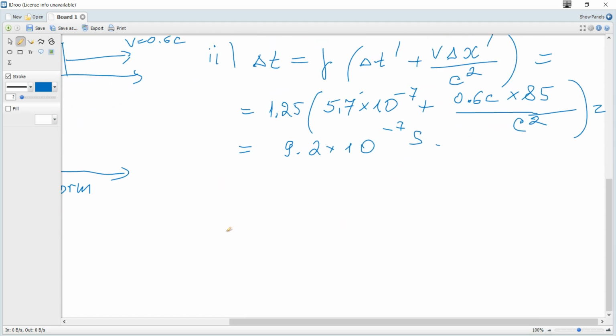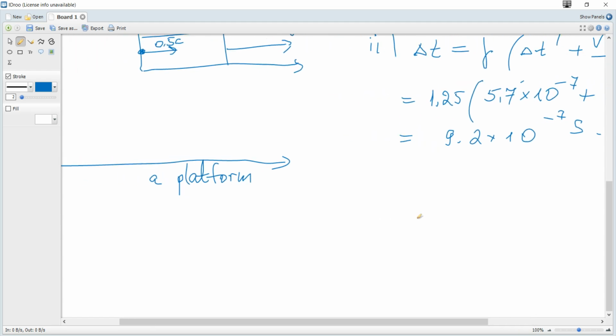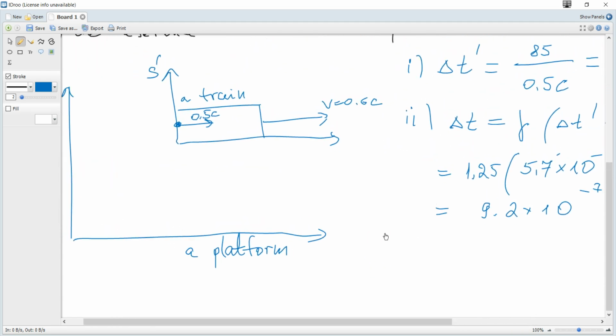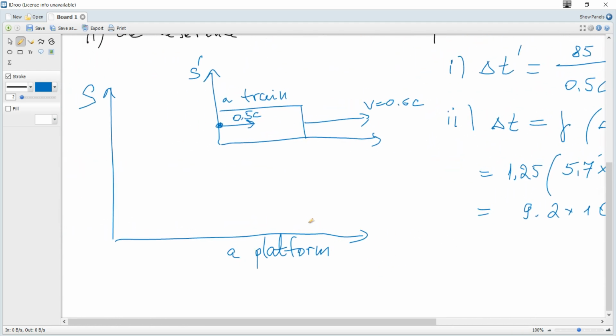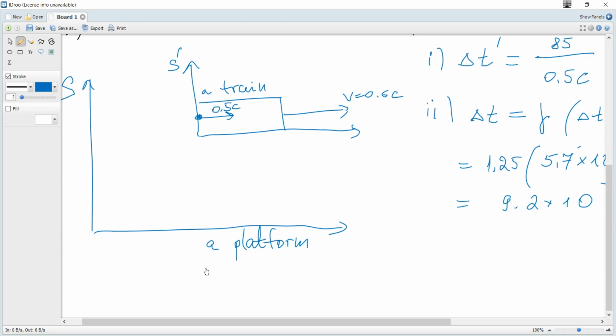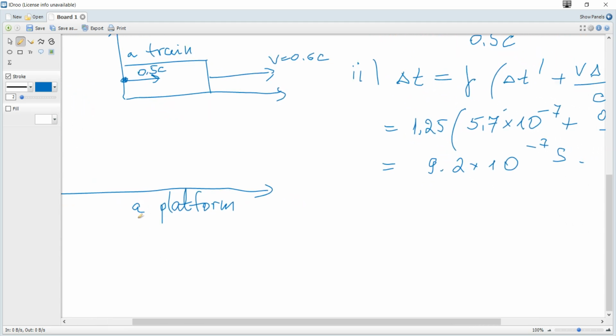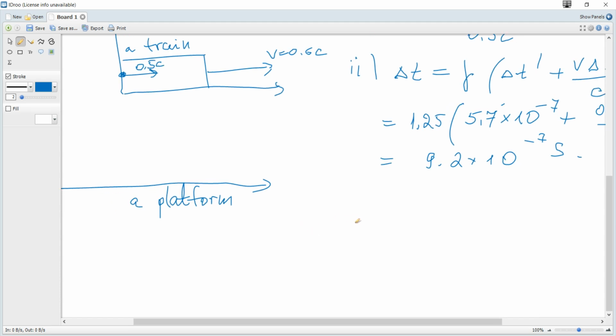The second method. For this we need the speed of the ball relative to the platform, and we use the special relativity velocity addition formula. So we need u, the speed of the ball in the not primed frame, and u primed is 0.5, to the right, so it's plus, and v is 0.6.